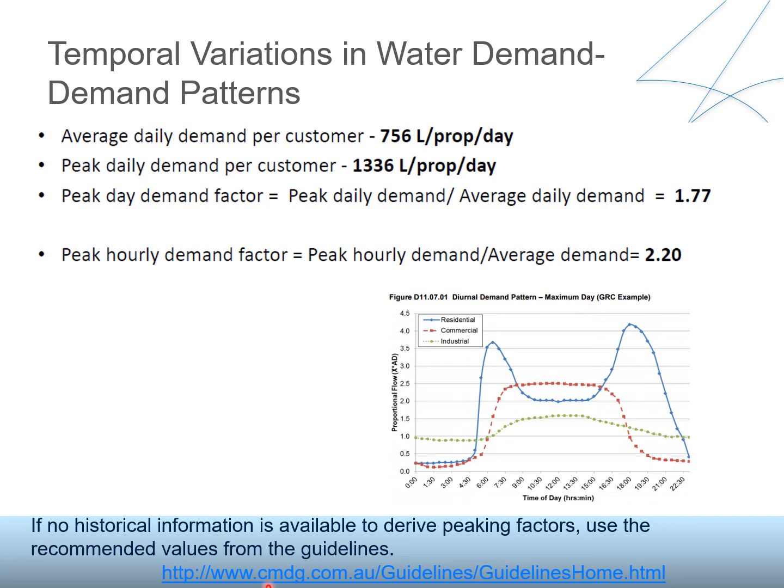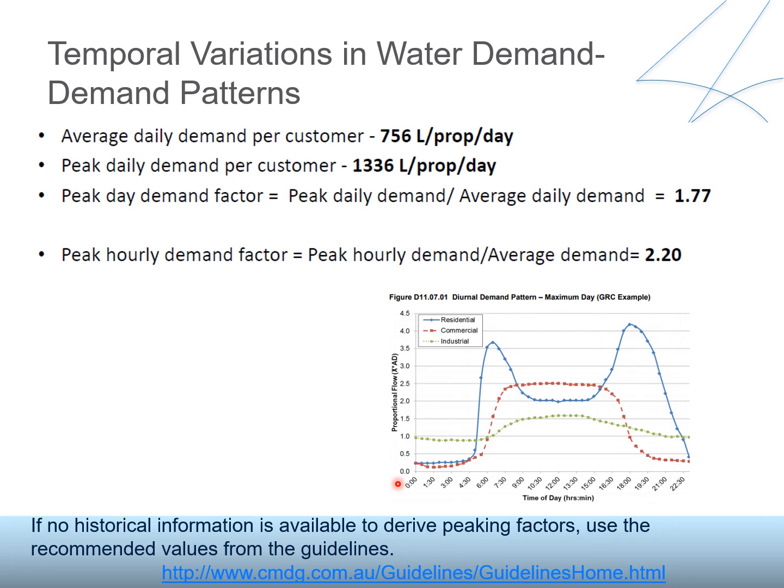So if you look at the CMDG guidelines, you will have all this information. If you have the information of water flow in the area, you should be using that to derive your average daily demand, peak daily demand, the factors and all that information.